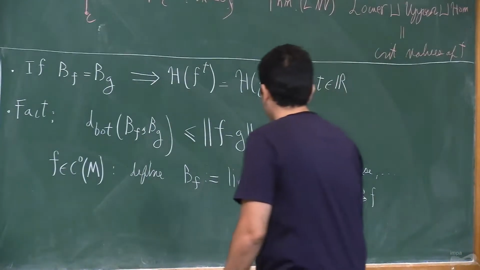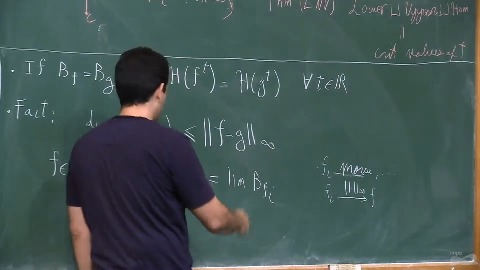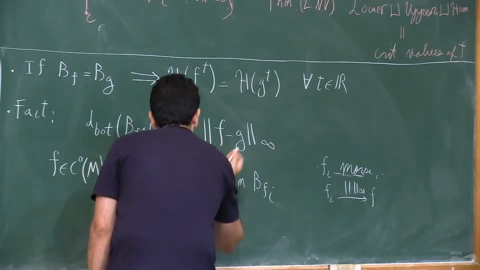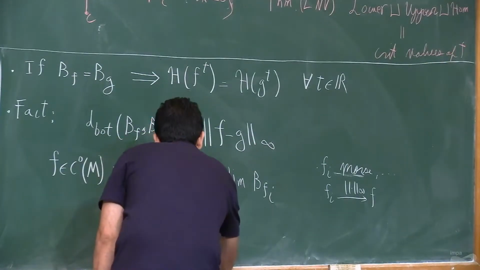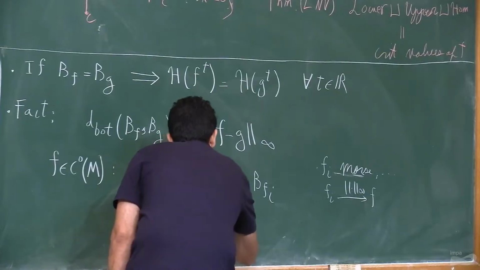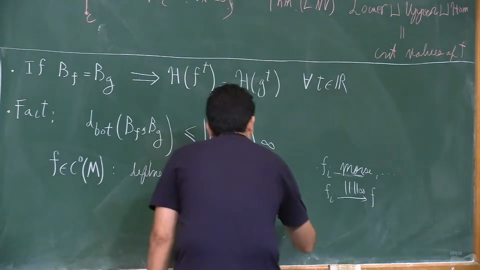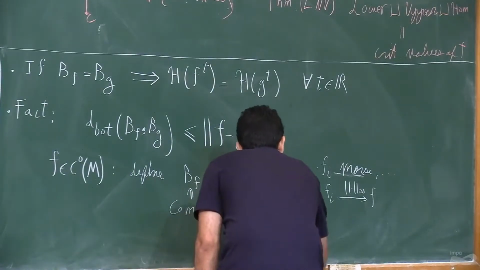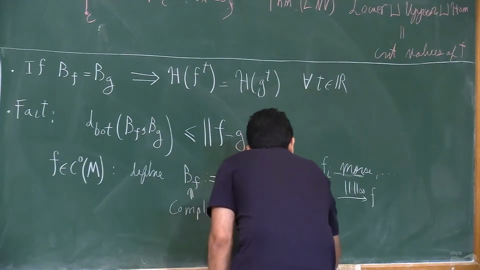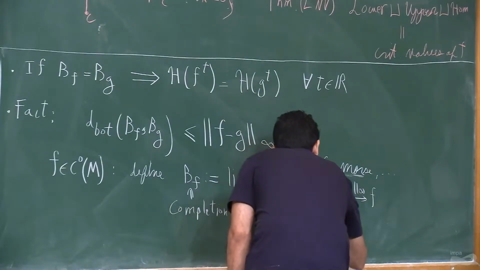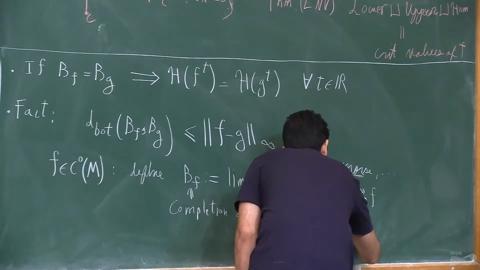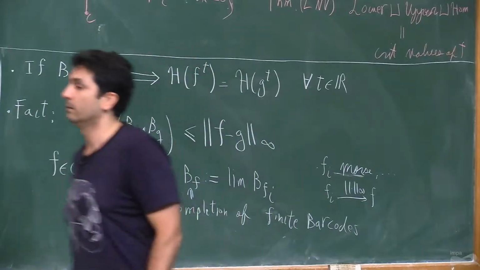So B_f is actually not going to be a finite barcode anymore, but it's going to live in the completion of the space of finite barcodes. And this completion is not some abstract space. You could actually give a very nice description of it, which I will do now.